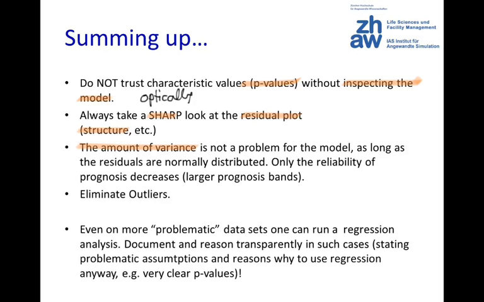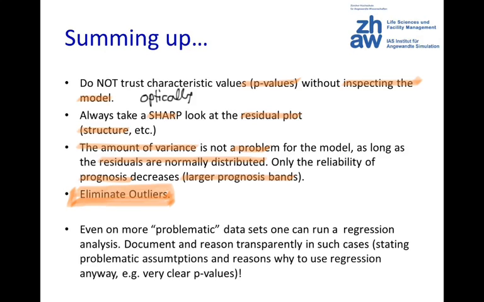The amount of variance, as we have seen, is not a problem for the model as long as the residuals remain normally distributed. Only the reliability of the prognosis decreases, meaning that the prognosis bands are getting larger if you have more variance. Eliminate outliers. This is one of the most important topics for a regression analysis. Eliminate your messy data.